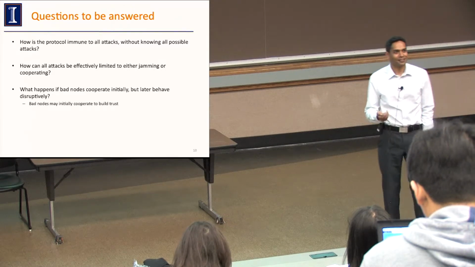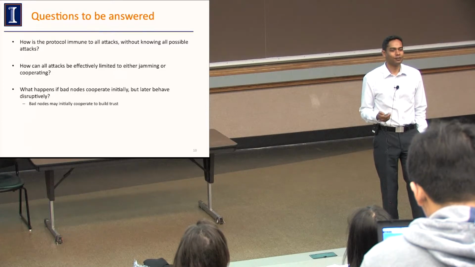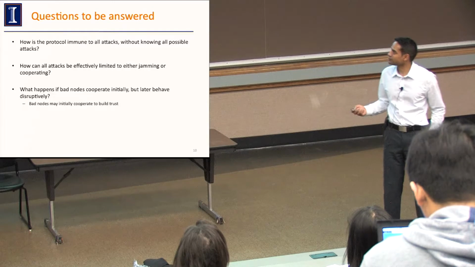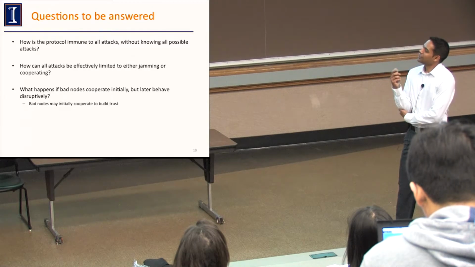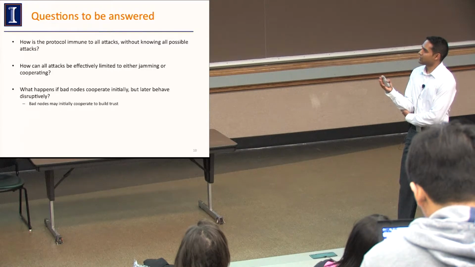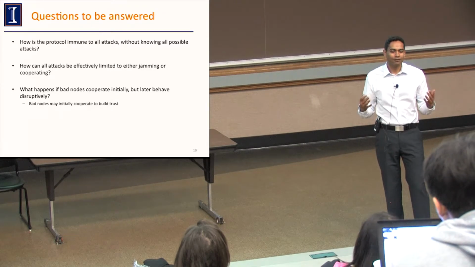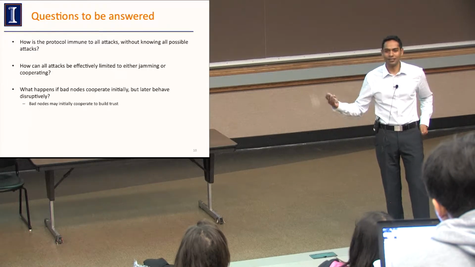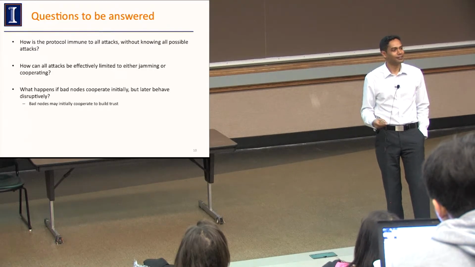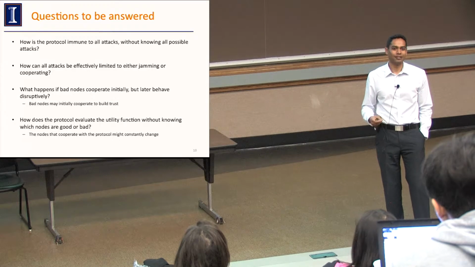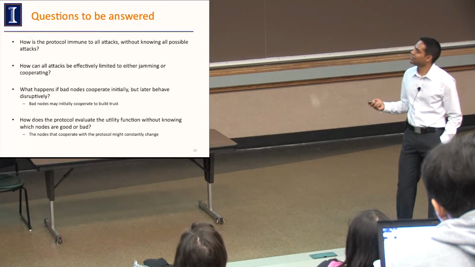Here are some questions that I'd like you to keep in mind to help convey the main ideas more effectively. How can we say that the protocol is immune to all attacks without knowing what all of the attacks are? We haven't even characterized the list of all possible attacks. Maybe it's a huge list. Maybe it can't even be characterized.